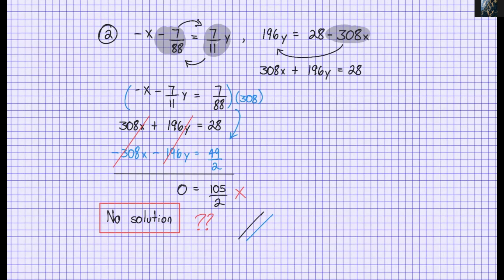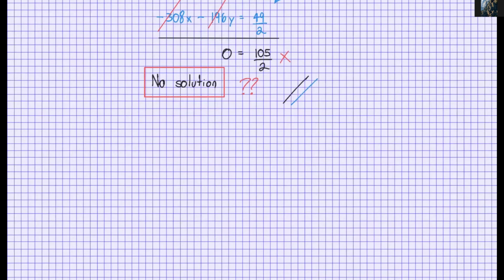Now, for the final case, we have seen a case that has a solution. We have seen a case that doesn't have a solution. And now let's see an example in which there will be an infinite number of solutions.